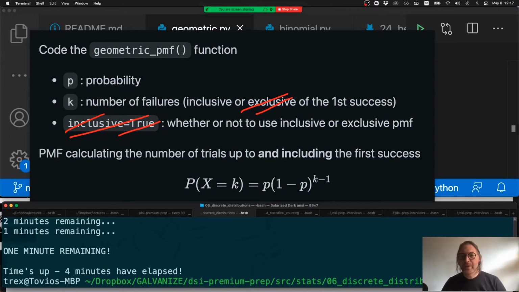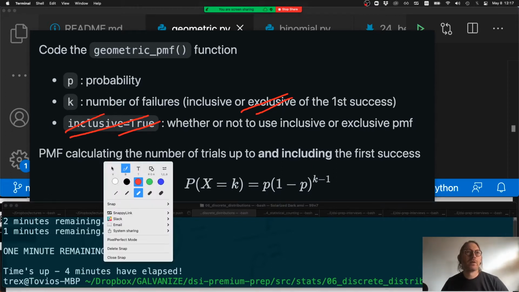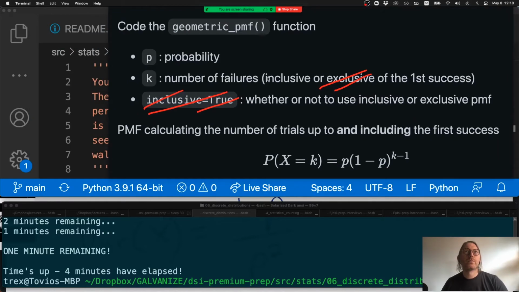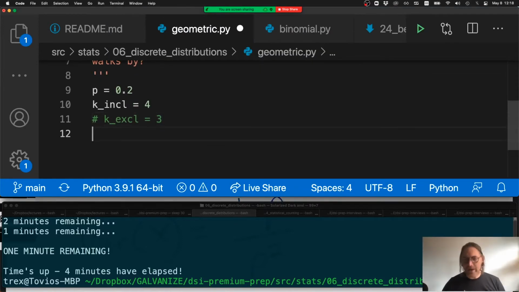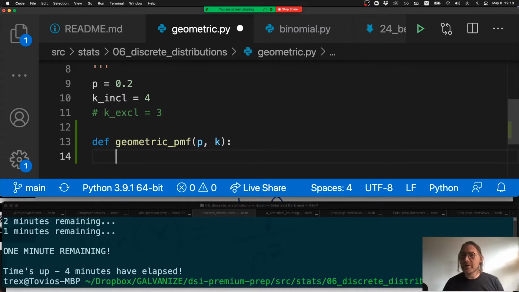Okay, so this is pretty straightforward, right? I'll go ahead and code this up. It's a single line function, geometric PMF, with p and k, and we're assuming that we're going to be inclusive on it. So this is just going to return the probability multiplied by the complement of the probability raised to 1 less than the number of trials.